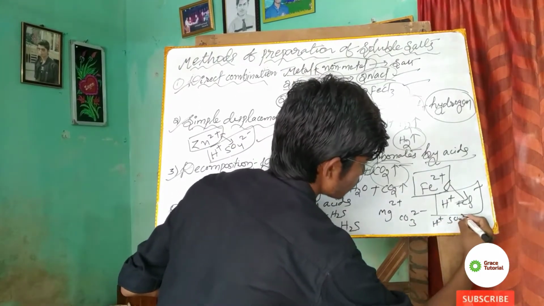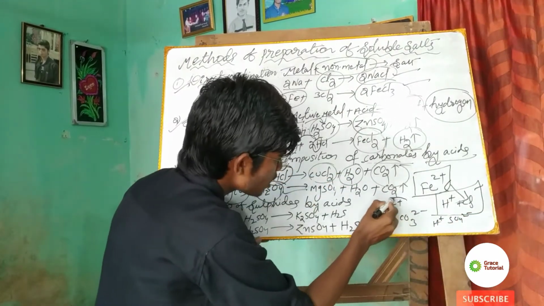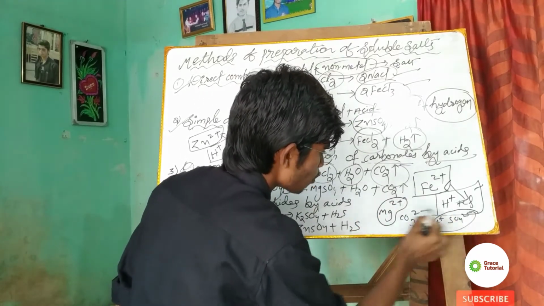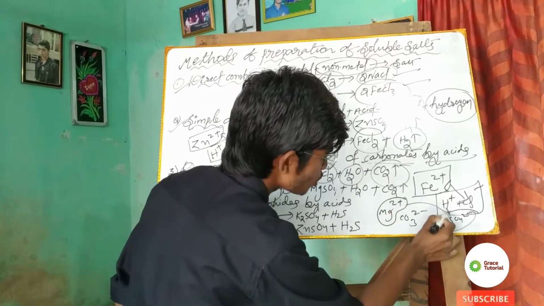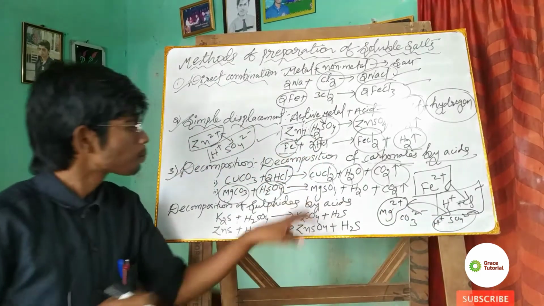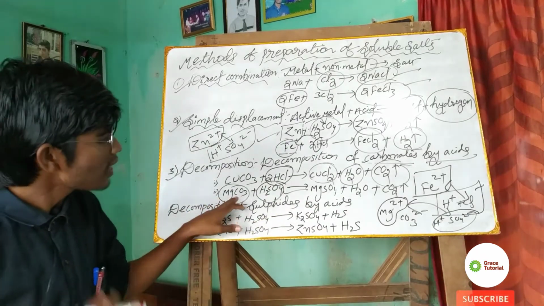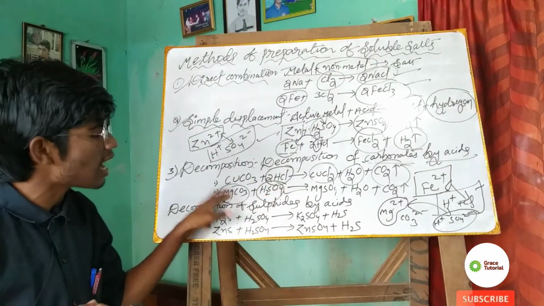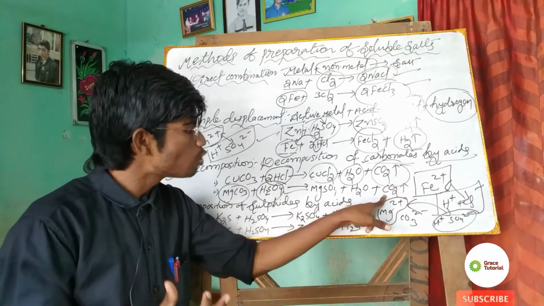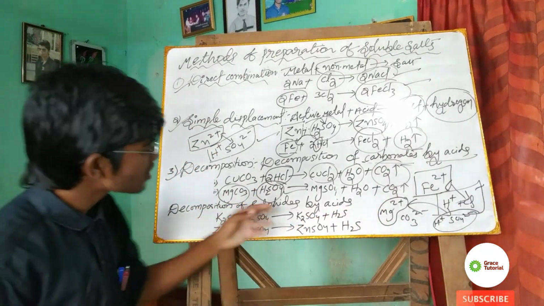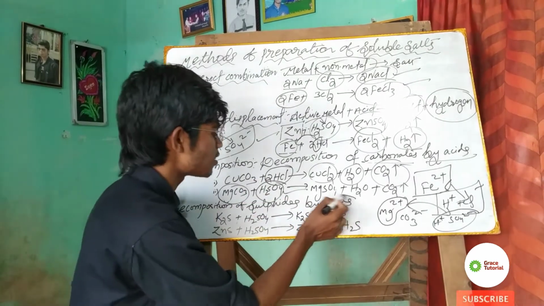That means the positively charged part of this compound reacts with the negatively charged part of the other compound. So the Mg2+ reacts with SO4 2- to give MgSO4, which is the salt. But here the carbonate has been decomposed by this acid, and finally it results in the gas, which is carbon dioxide.